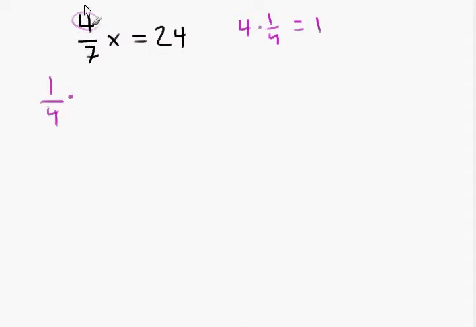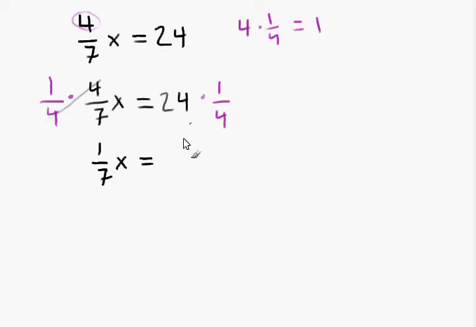But since we have a fraction right here, it looks a little neater if we use multiplication by the reciprocal. And we'll fill in the rest of the problem around it. Okay, these 4's will cancel out. We'll be left with 1/7 times x is equal to 6. And I'm also going to just rewrite 24 times 1/4 over here.